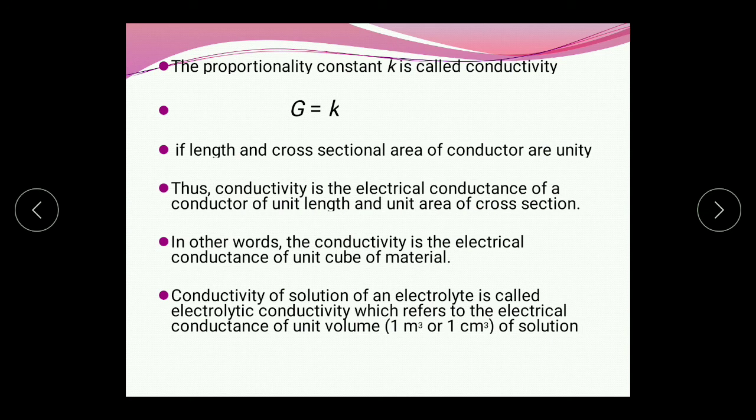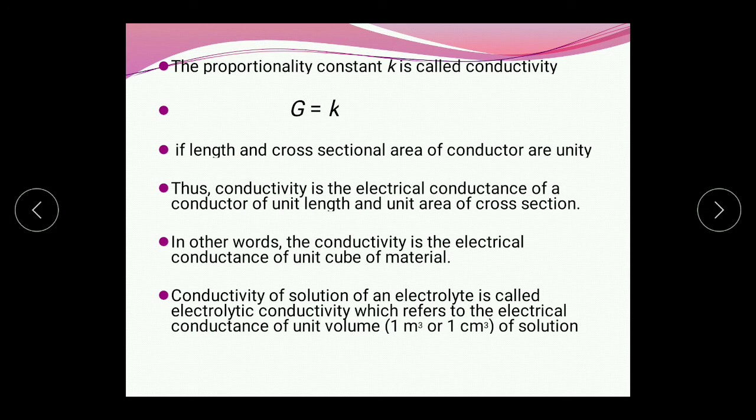Now, in case of ionic or electrolytic conductor, what will be the formula then? We learned about metallic conductor. Now, electrolytic conductor, if we want to say, then conductivity of a solution of an electrolyte is electrolytic conductivity of unit volume of solution.